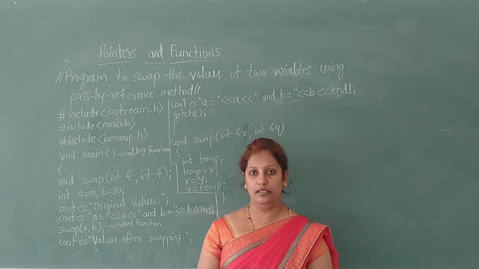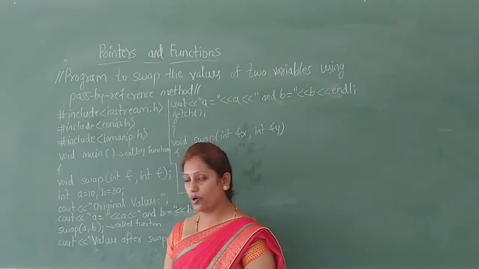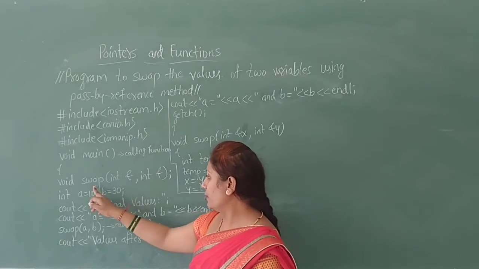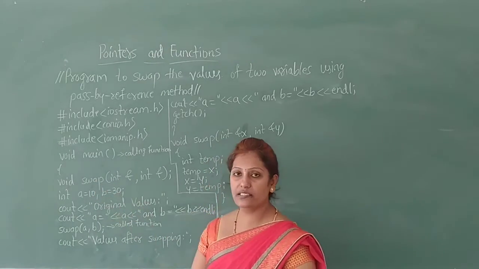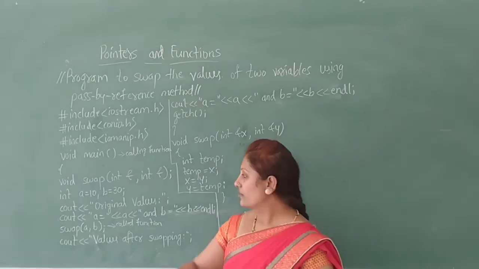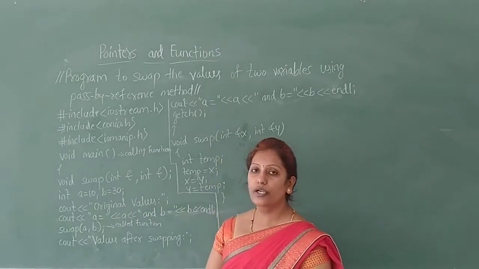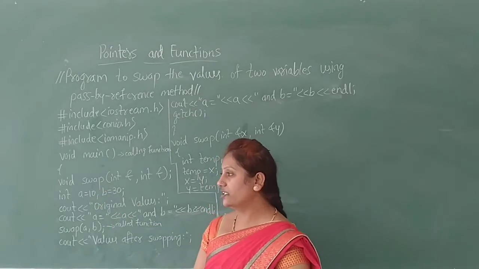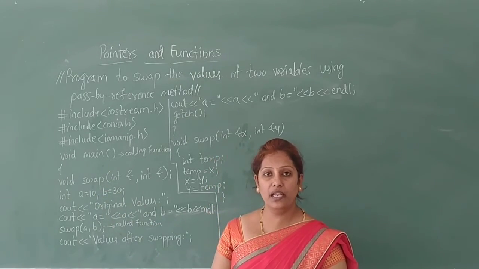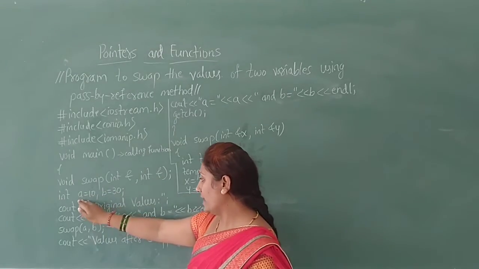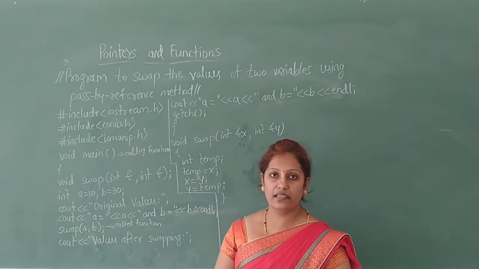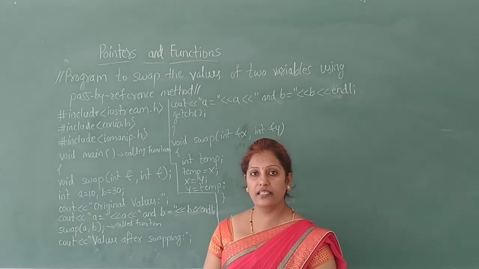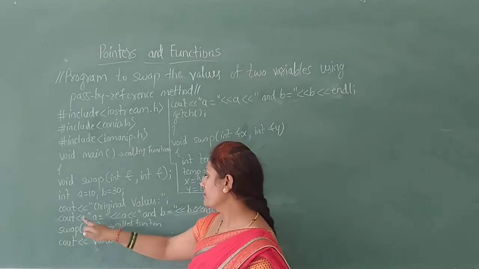Let us execute it one by one. Program execution always starts from the main function. In the main function, first it creates the function prototype void swap with two references of formal arguments, and next it creates memory locations for actual arguments a and b and stores the value 10 in variable a and 30 in variable b.